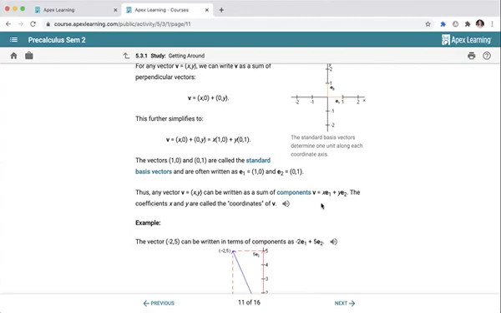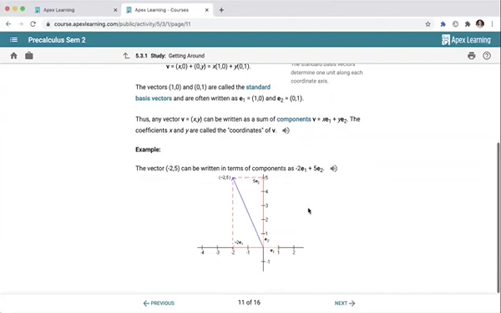And so any vector can be written as a sum of the components based on our base vectors here. All right. So the coefficients x and y would be the coordinates of our vector v. For example here, if we have -2, 5, it's like saying -2 E1 plus 5 E2.